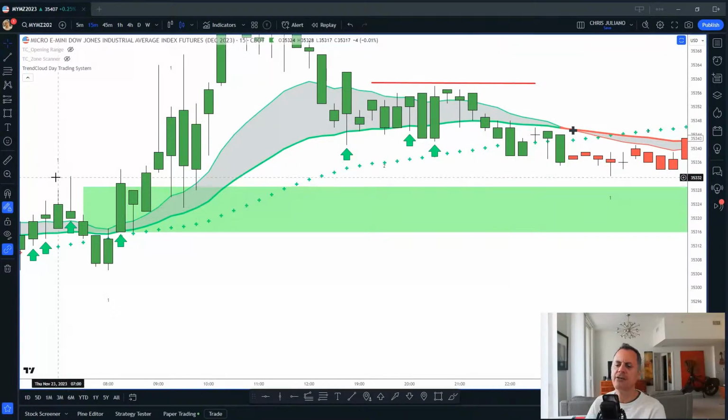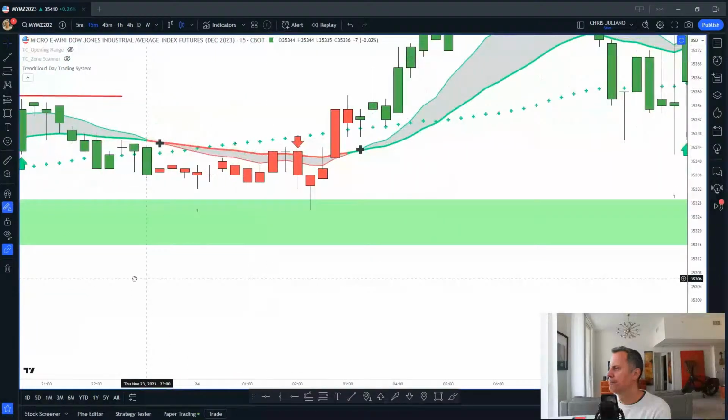It's going to guide your eye and give you the process to take these supply and demand zones that are so awesome and outperform any indicator on the market. Makes sense, right? So TrendCloud is all about the process of price action, the process of mapping out price action. That is what it's all about.